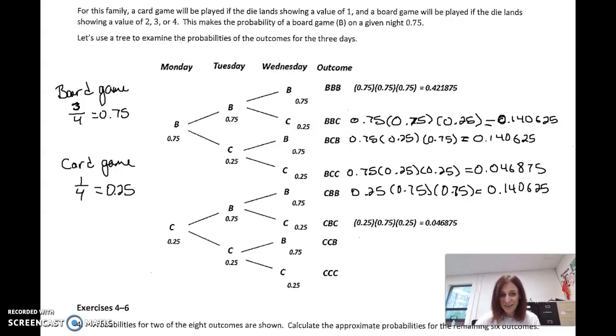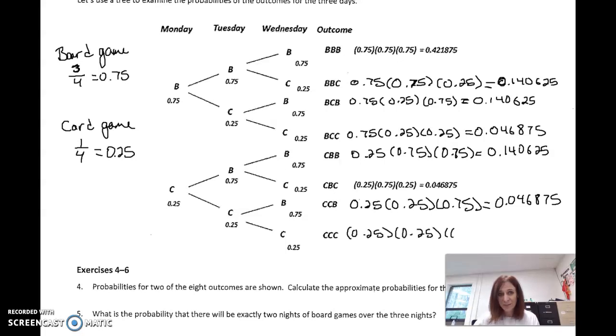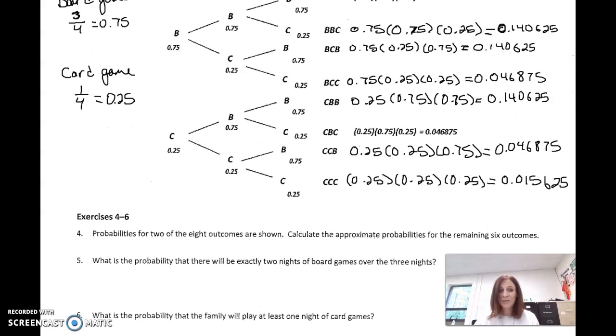Okay, so if we had C, B, C, it's 0.25 times 0.25 times 0.75. That'll give us 0.046875. Again, a lot of these are going to be the same. This one's different though. 0.25 times 0.25 times 0.25 is 0.015625.